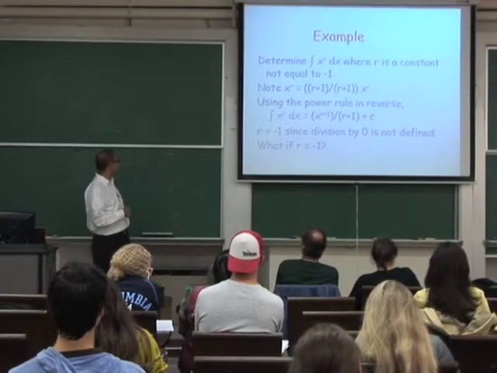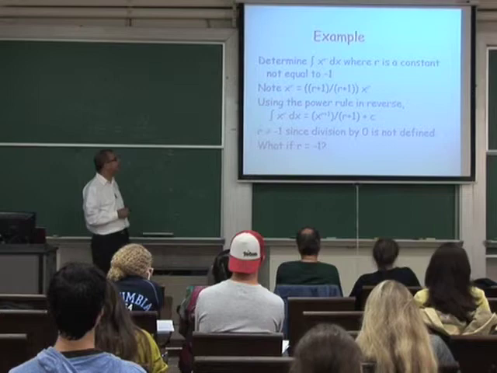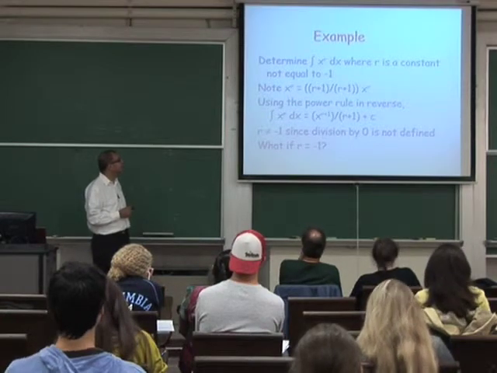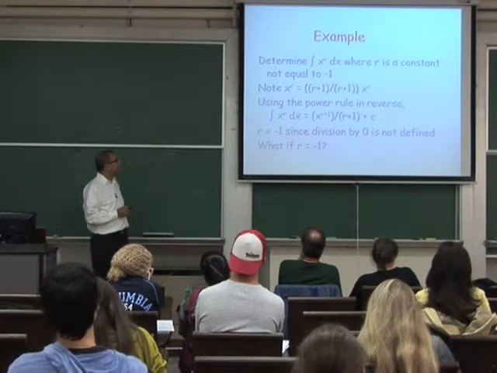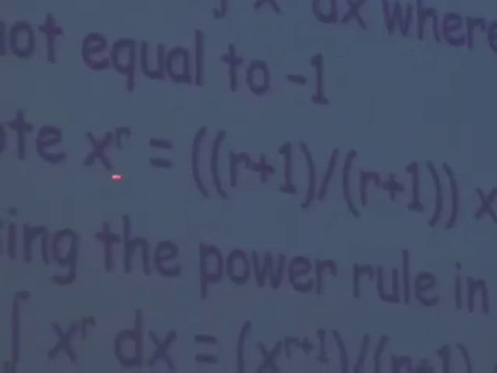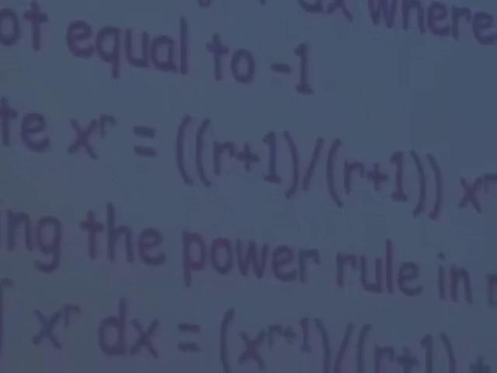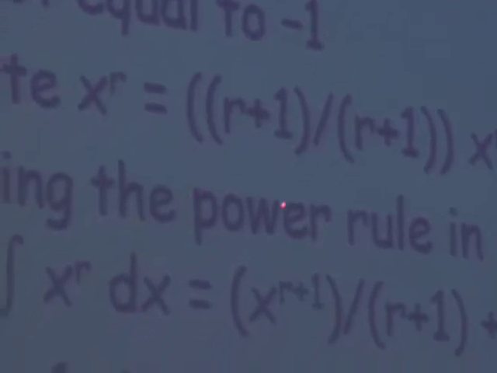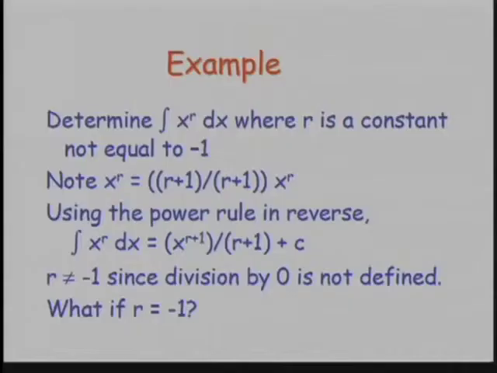So this is just a generalization of the problem we've been doing so far. Okay. So note that x to the r is the same as x to the r times r plus 1 over r plus 1. This is just equal to 1. So, okay, it looks more obvious when you write it this way.